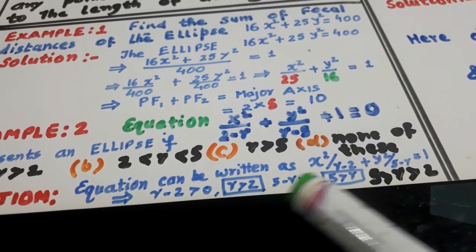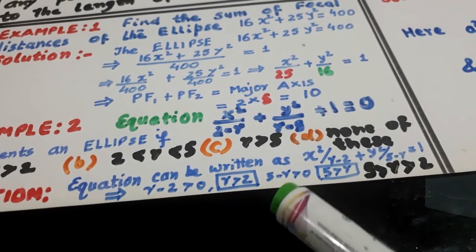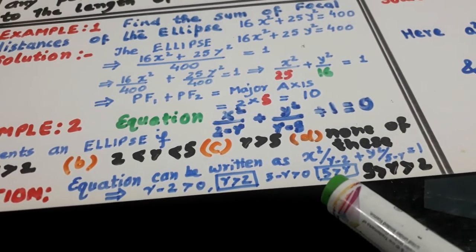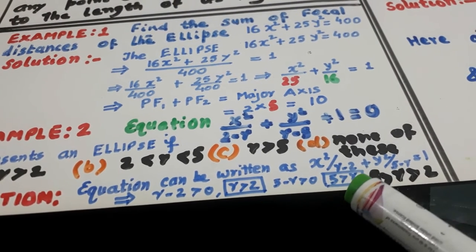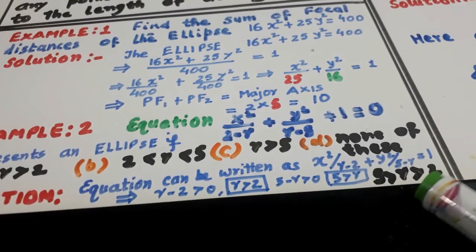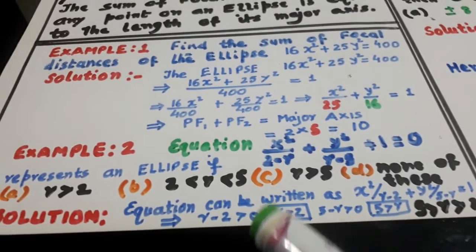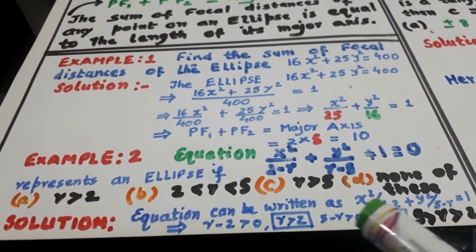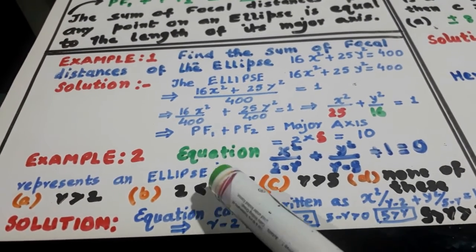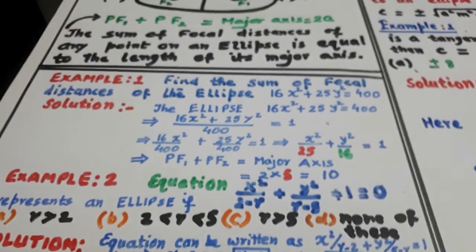So r is greater than 2. In this case, 5 minus r is positive, so 5 will be greater than r. So it will lie between 2 and 5. Option B is there. Very simple.